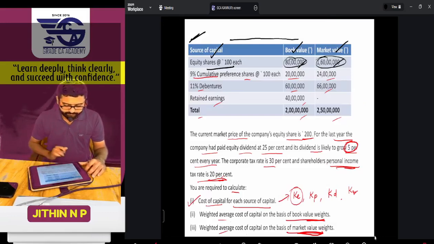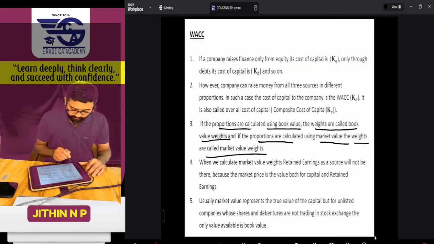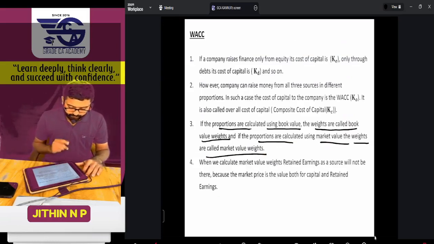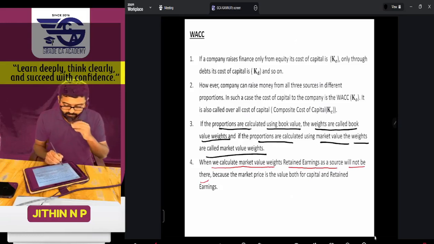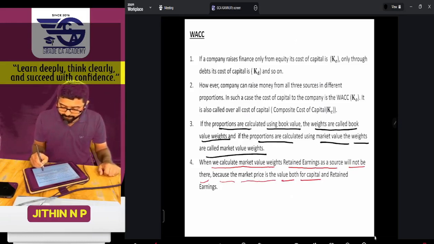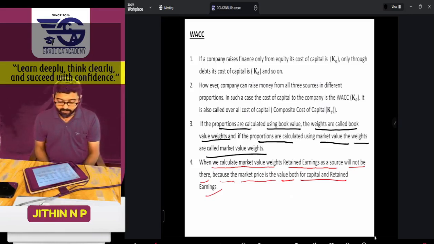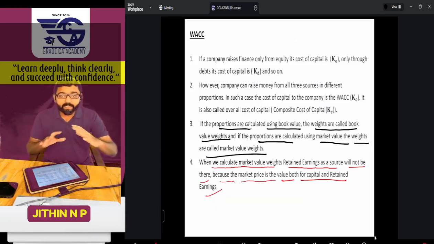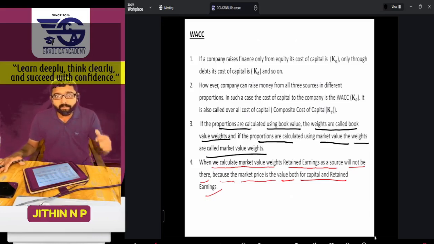Fourth point, when we calculate market value weights, retained earnings as a source will not be there, because the market price is the value for both capital and retained earnings. Clear? Hence, retained earnings separate. There is no separate market value for retained earnings.